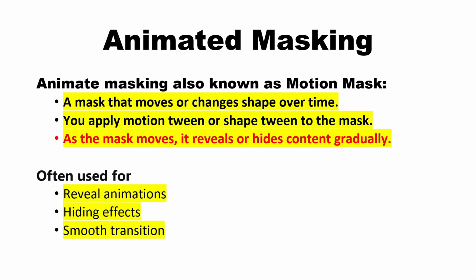And then we also have the animated masking, where there's a motion tween or a shape tween applied within either the mask layer or a layer below the mask layer to cause some movement, in which case it reveals or hides content gradually.